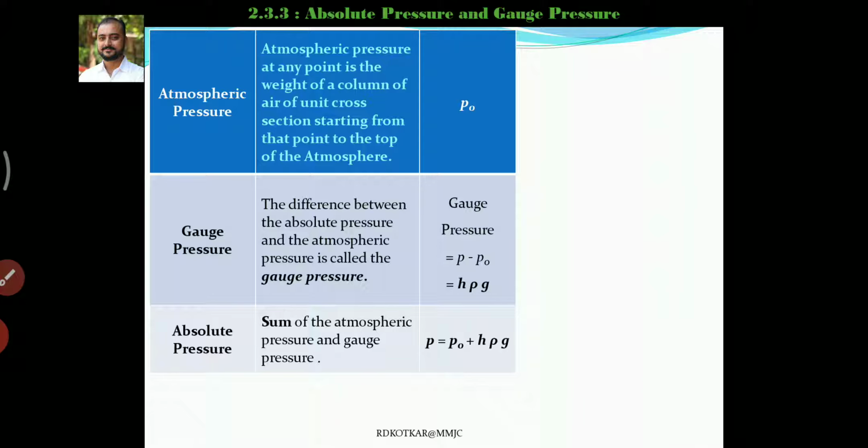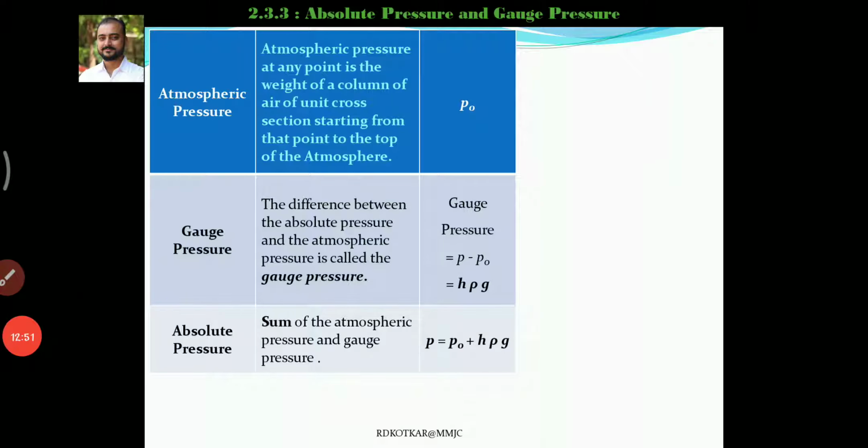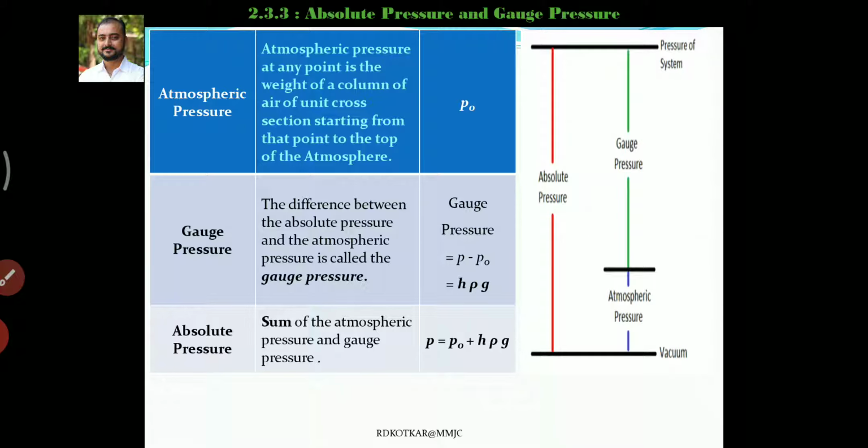Next, absolute pressure. What is the absolute pressure? Simply, it is the sum of atmospheric pressure and gauge pressure. What is the atmospheric pressure? That is P0. And what is the gauge pressure? That is h rho g. So all these things we have to study using the expressions.